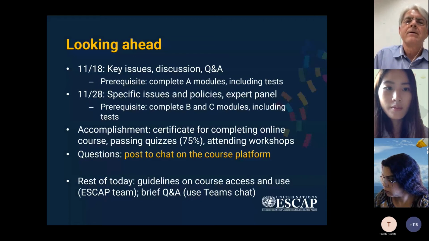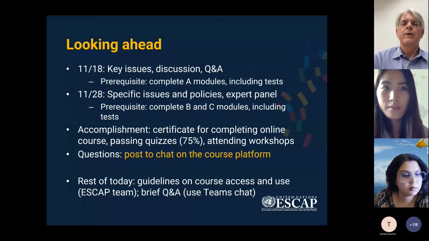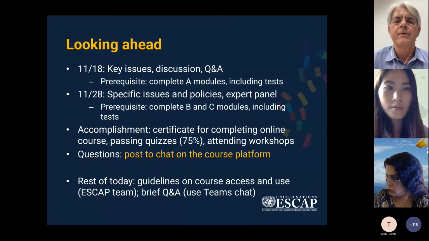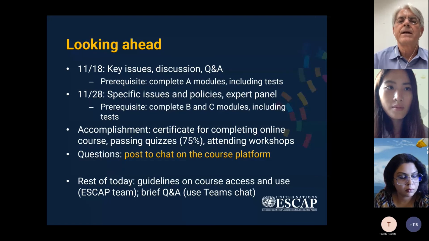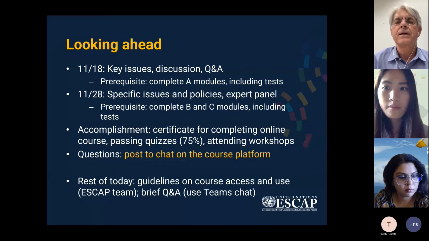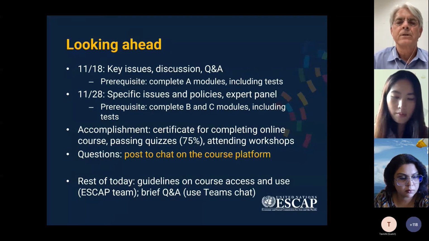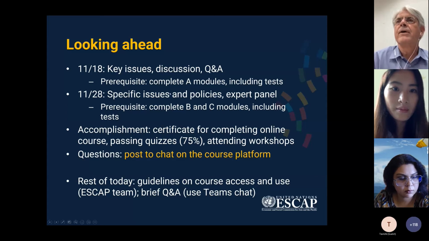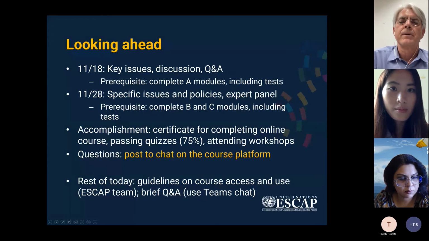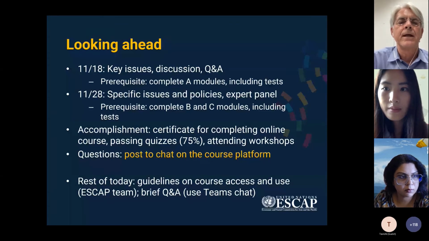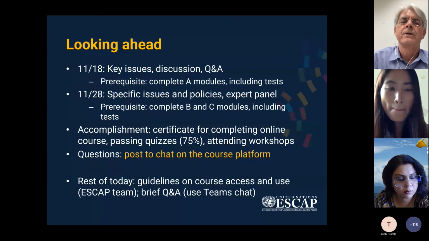And then 10 days later, on the 28th of November, we'll have a longer session, 1.5 hours, 90 minutes, and that will engage with much more specific issues and policies, and will involve not just me, but also a group of about 5 other experts, so a panel of experts who will be available to speak on specific topics covered by this course. What's the prerequisite for that second session? It will be completing the B and the C modules, including the tests that come with those.